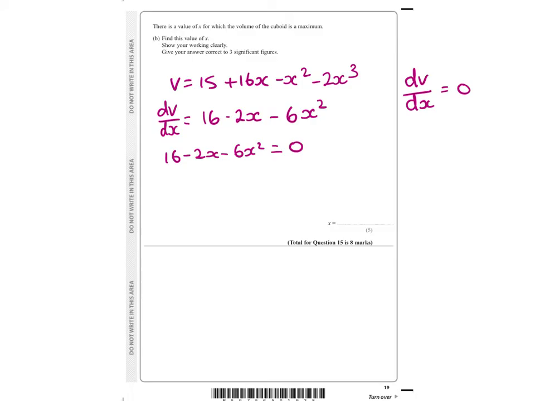Our A is minus 6, our B is minus 2, and our C is 16. We're going to get minus 1 plus root 97 over 6, and minus 1 minus root 97 over 6, okay? Now, it does want this in terms of three significant figures. So I'm going to write down minus 1.8081.